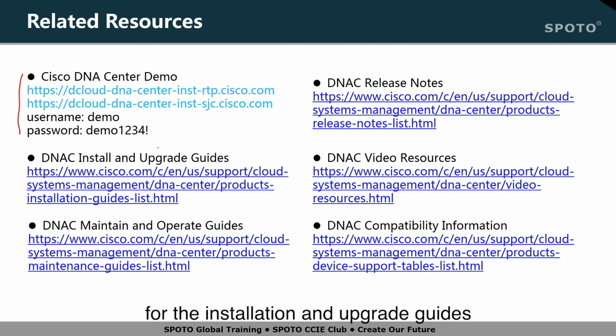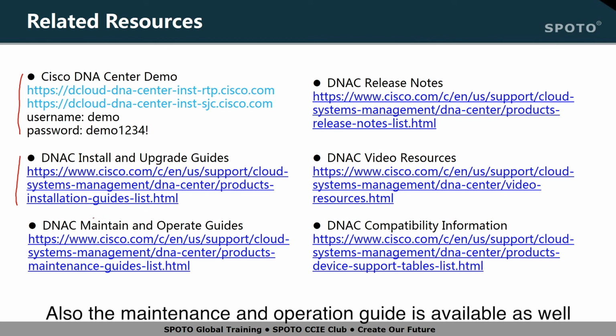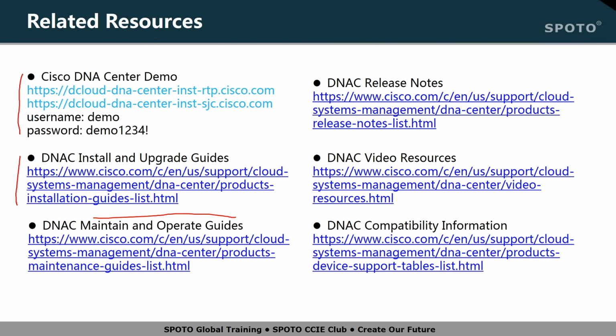For the installation and upgrade guides, this is the Cisco official website document. If you have time, please have a read. Also, the maintenance and operation guide is available as well. The DNAC release notes. If you are interested, you can have a read.